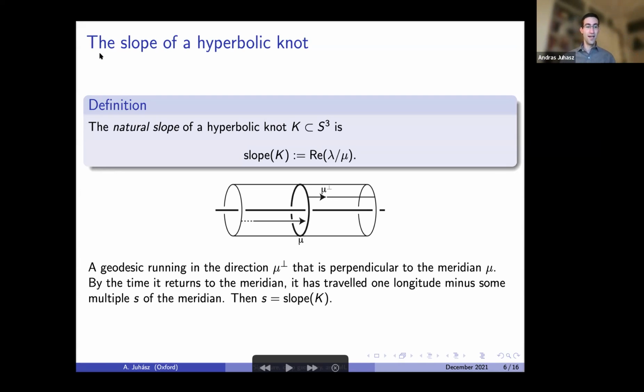So by the time you return to the meridian, you have traveled one longitude minus some multiple s of the meridian. And it's a simple exercise to show that this s is the natural slope of your knot K.